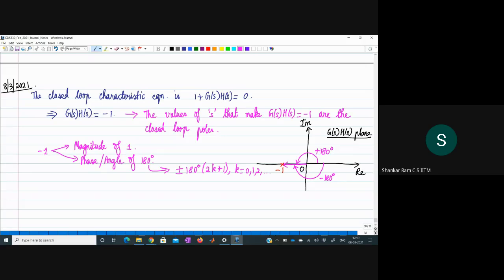So that's why we take it as plus or minus 180 degrees times (2k plus 1), k taking the value 0, 1, 2, etc. So that is the implication of this particular expression.